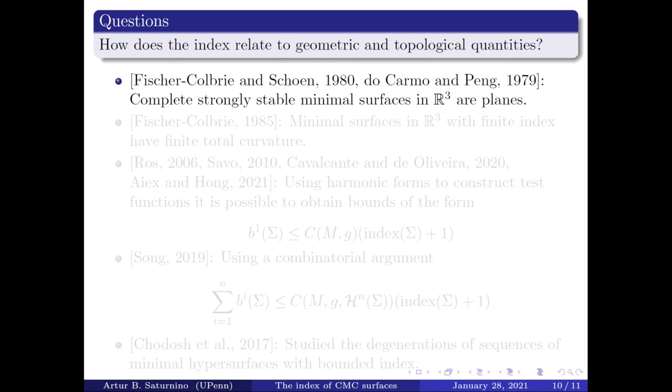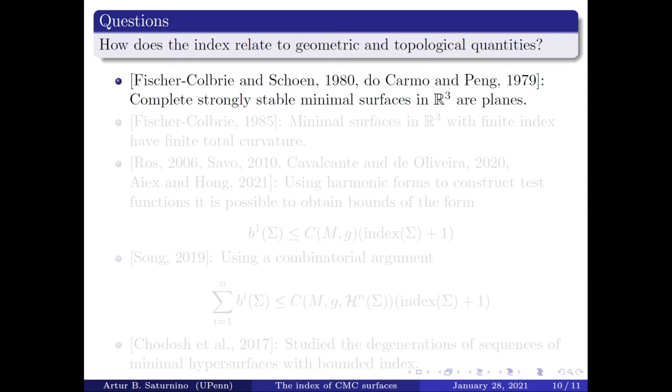And a fundamental result in this area was proved independently by Fischer-Colbrie and Schoen, Do Carmo and Peng. We're going to use this result. It states that complete stable minimal surfaces in R^3 are planes.